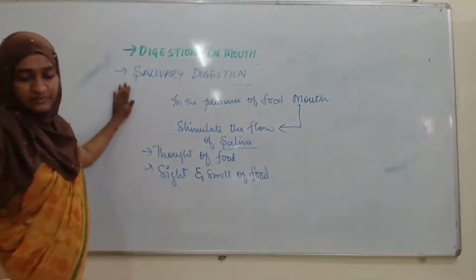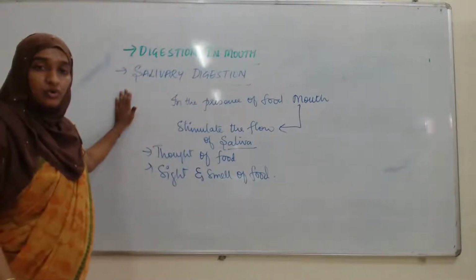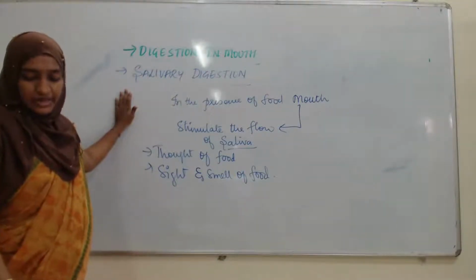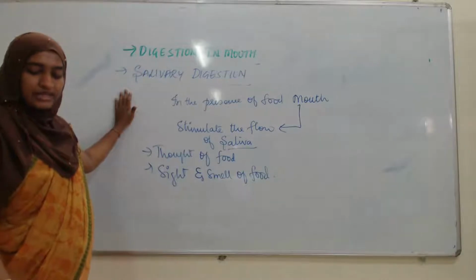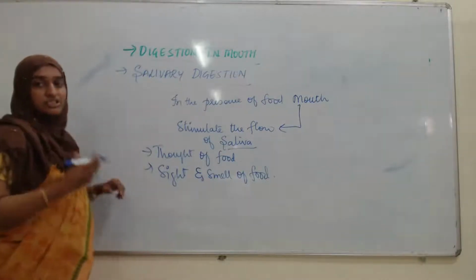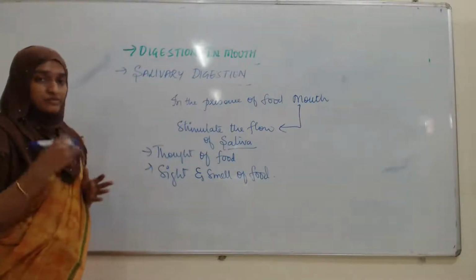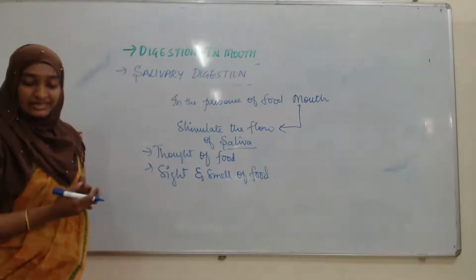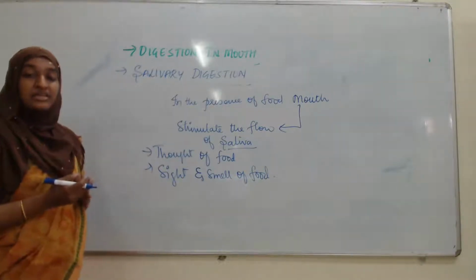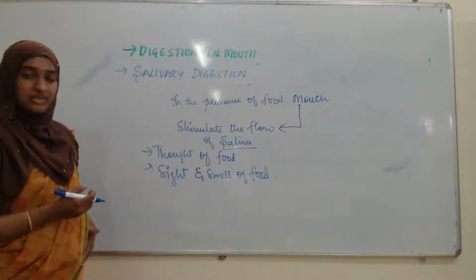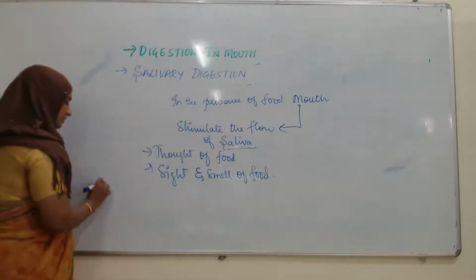Next, it can cause saliva to flow from the salivary glands. As well as some other things which are not only food items, some salts, some acids, and many other chemical agents also stimulate the salivary secretions.